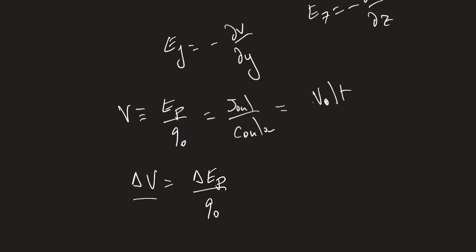The difference in potential is the difference in potential energy per unit of charge. So the difference in potential energy between 2 points, let's say the infinity and the final point, at the point R, is q naught, the charge that you bring, times the change in potential.